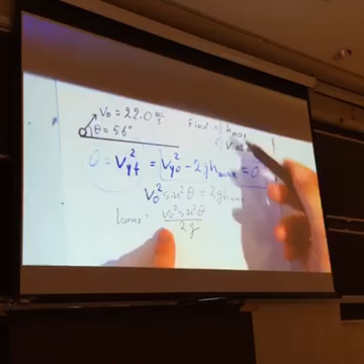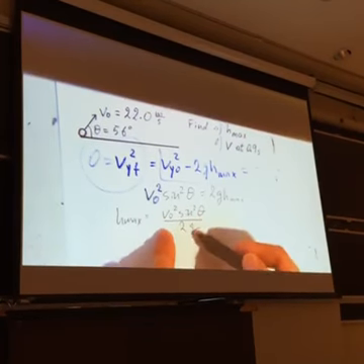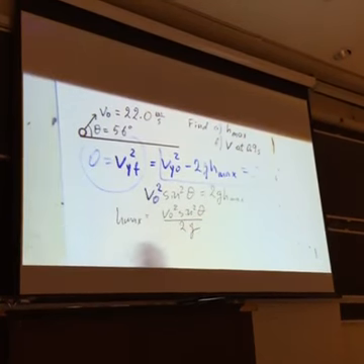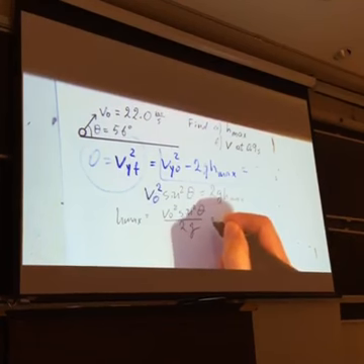I know v0, theta is given, g is 9.8. I just plug in the numbers and find the maximum height.